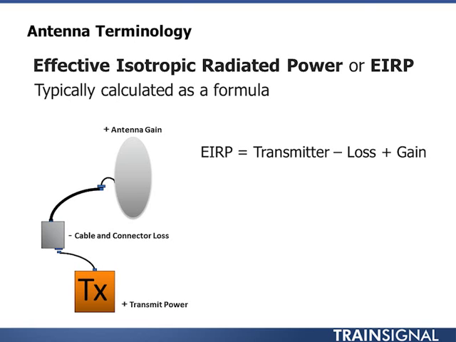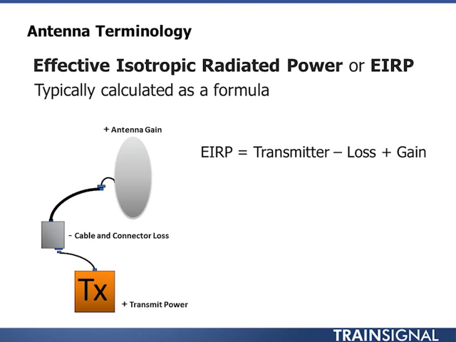Then I get to the antenna, and let's say in this example I'm using a parabolic antenna like the example shows, and let's say the gain of that antenna relative to my isotropic antenna. So remember, my isotropic antenna is that perfect sphere, but here I'm forcing all my energy with a parabolic dish into a long beam. So let's say I have a gain of 15 dBi.